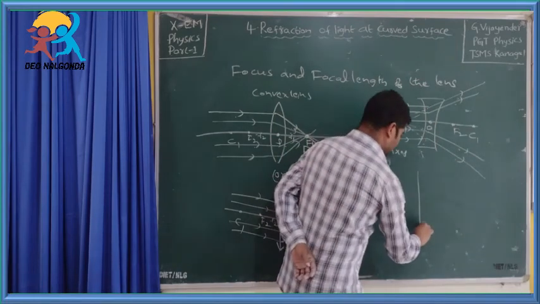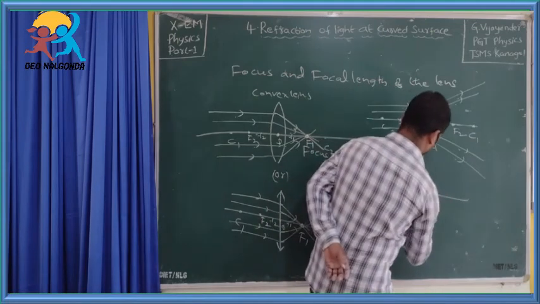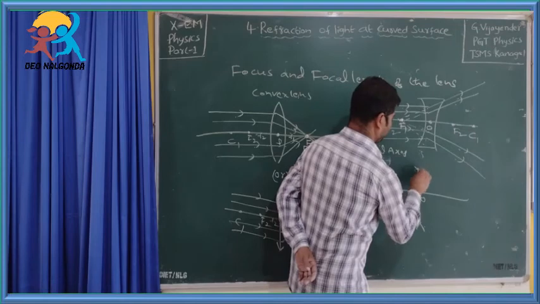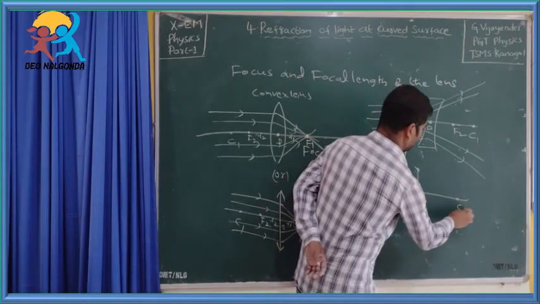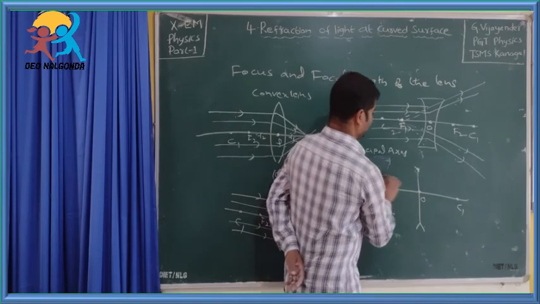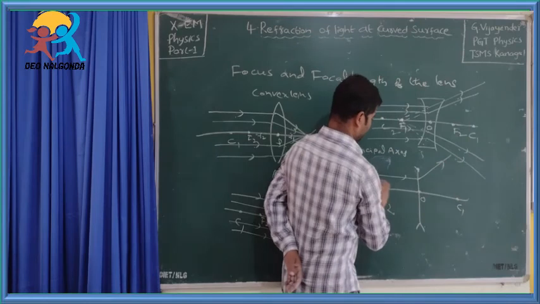Or in symbolic form, this is the concave lens, the optic center, center of curvature C1, and here center of curvature C2. The incident ray is parallel to the principal axis, and this is the refracted ray.